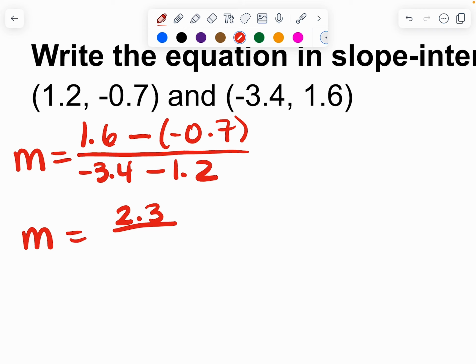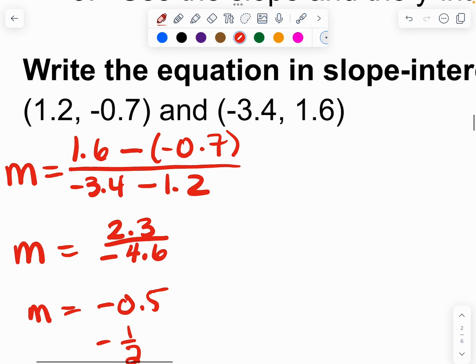And then on the bottom, I would get a negative, wouldn't that be 4.6? Okay, 2.3 divided by 4.6. I'm going to get negative 0.5 or negative 1/2. Either one.